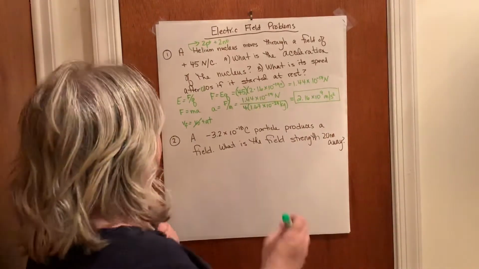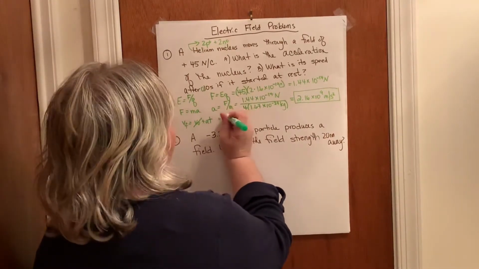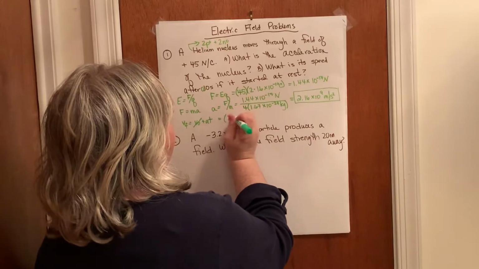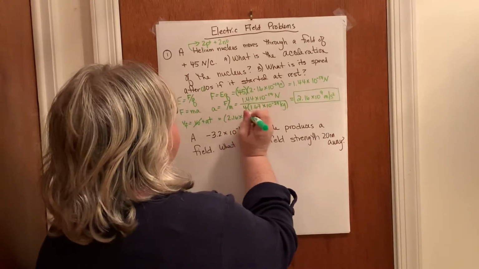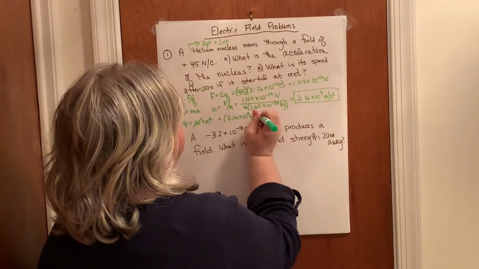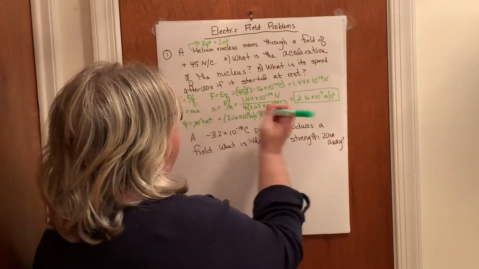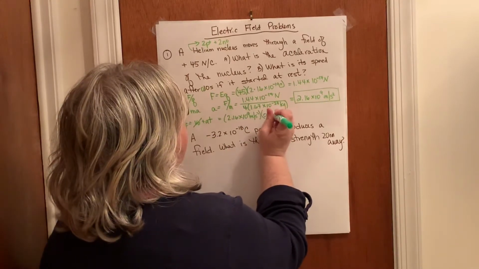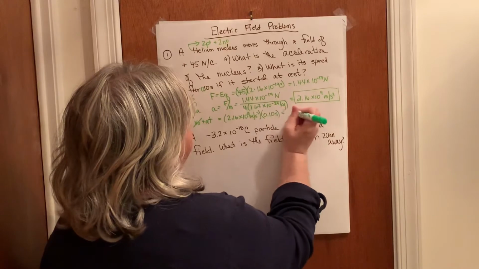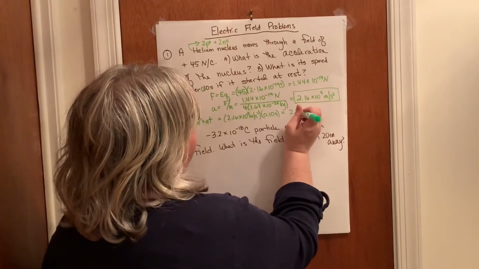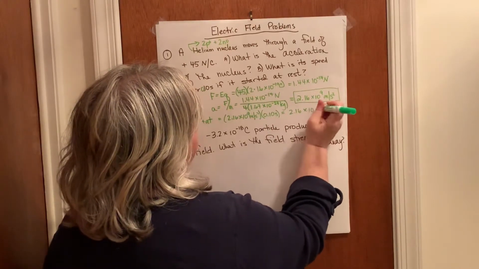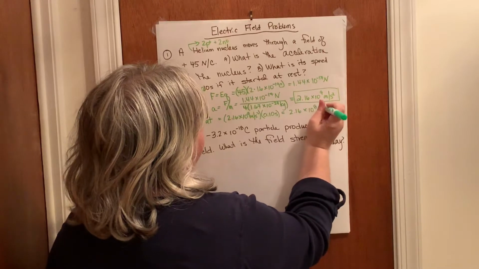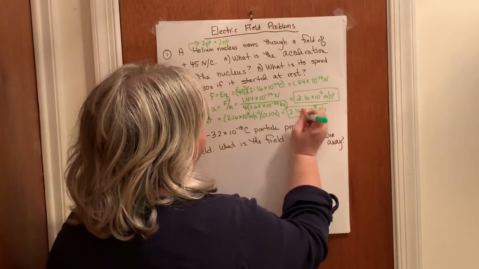It's starting from rest, so my acceleration, 2.16 times 10 to the 9th meters per second squared, times 0.1 seconds, is going to give me 2.16 times 10 to the 8th meters per second.